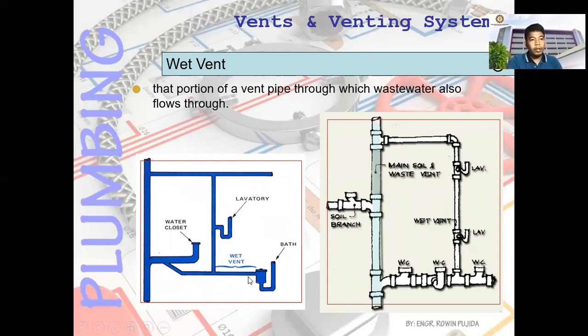So this one serves as your wet vent, and the wastewater from the lavatory can pass through the wet vent. So that is why it's called the wet vent since the wastewater also passes through or flows through the vent pipe. Okay.